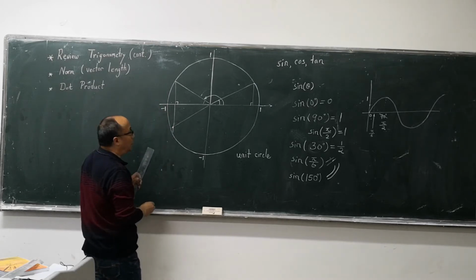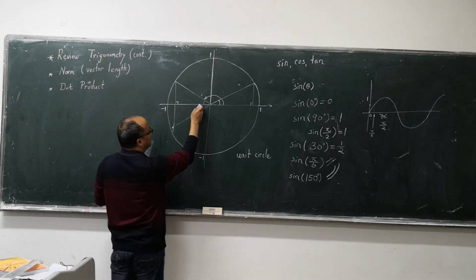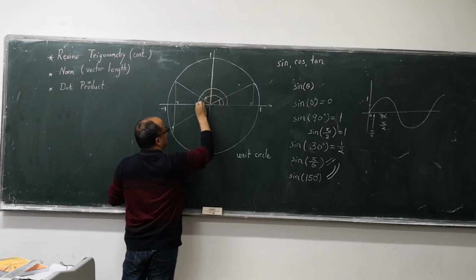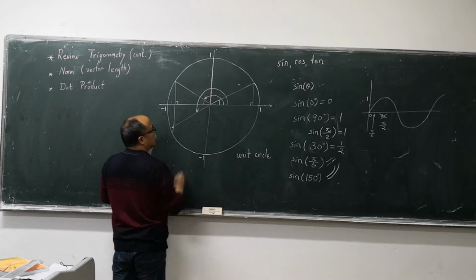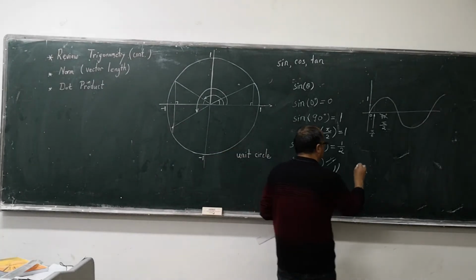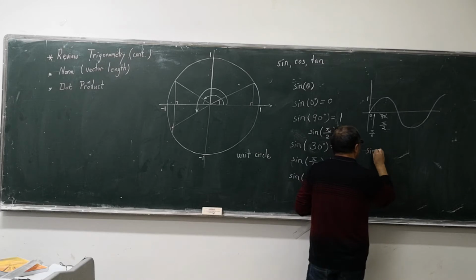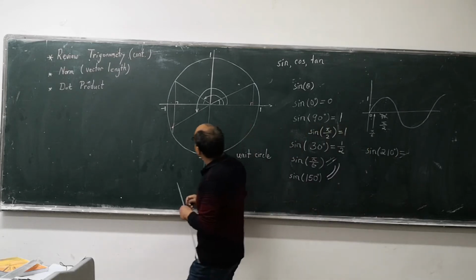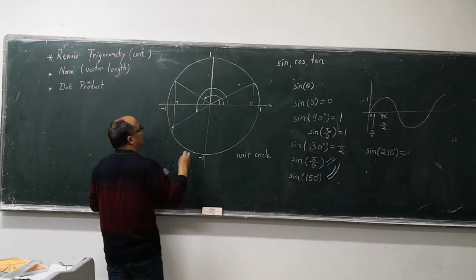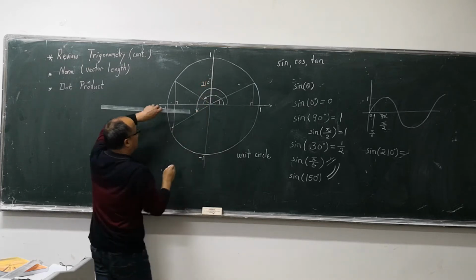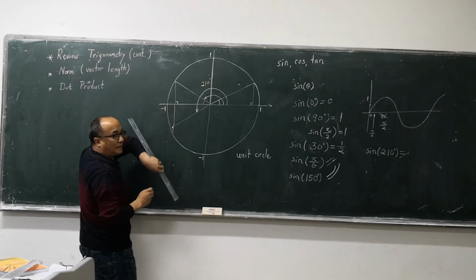I didn't draw it well, but if this is sine 210 degree, what's the result? Sine 210 degree is minus 1/2.